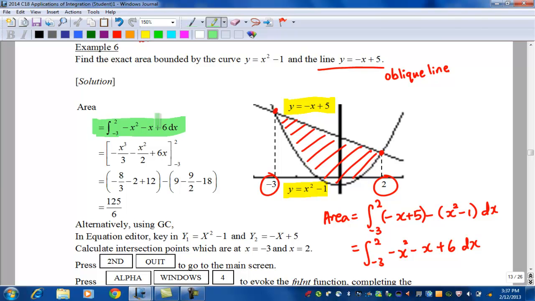You can choose to integrate manually since this is not that difficult. What you arrive at is this, and again substituting 2 into this expression, minus away that when it is -3, you get this, and finally arrive at this final answer. Take note that the question asks for the exact area bounded by the two curves, so we leave our answer in fraction.